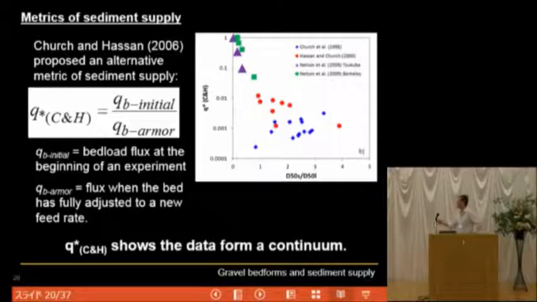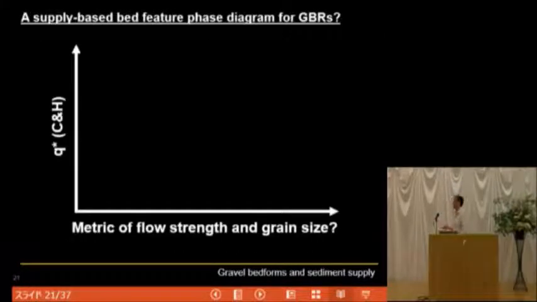And if we do that, what we find out is this new value of Q star that represents the supply relative to the capacity actually still asymptotically declines, but the data that we would expect to sit below it actually does sit below it in approximately the right place. And so the data seem to form some sort of continuum. And so then I thought, well, this is great. Now we have a metric of sediment supply.